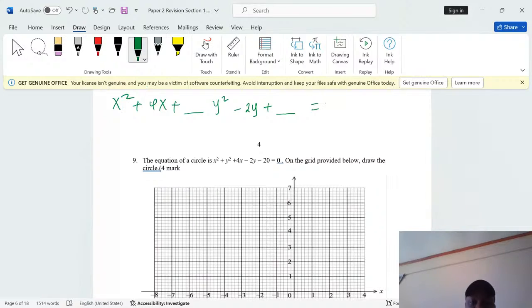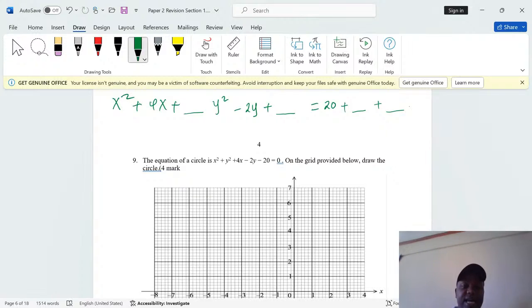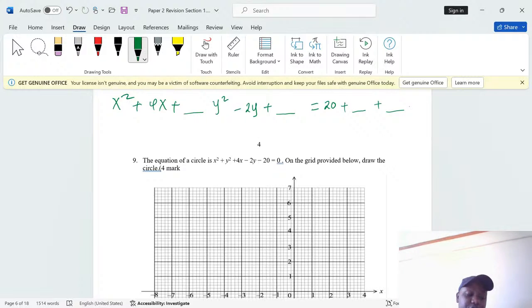Then the constant here is 20, and we add another constant. The constant that we will add to make the part of x a perfect square will be added to the right hand side. And again, the constant that we will add to make the y a perfect square, we are also going to add to the right hand side.